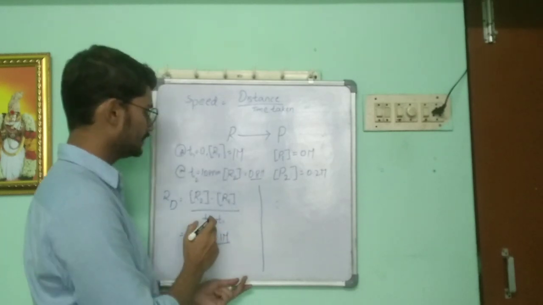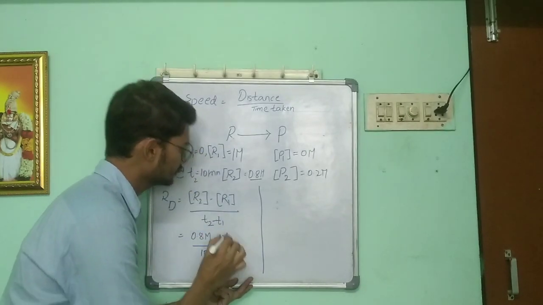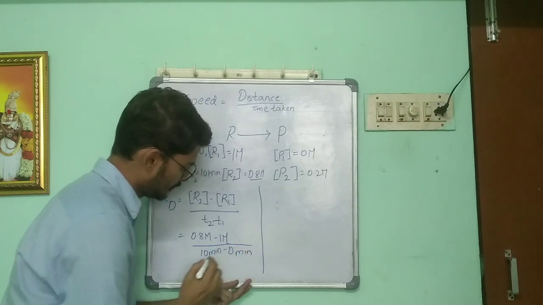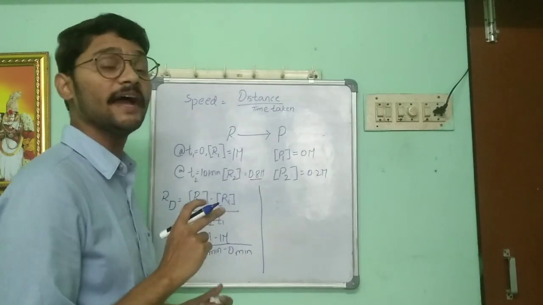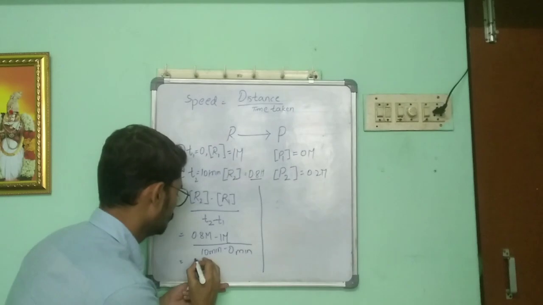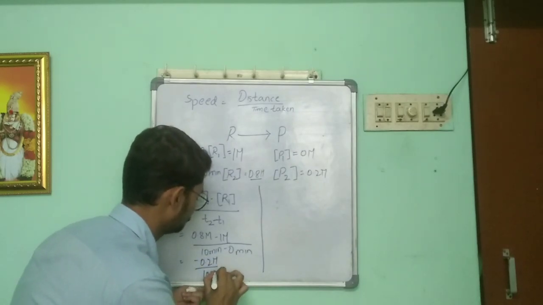The time taken for this reaction is T2, which is 10 minutes, minus T1, which is at the 0th minute. So 0.8 molar minus 1 molar is a negative concentration of 0.2 molar, divided by 10 minutes.